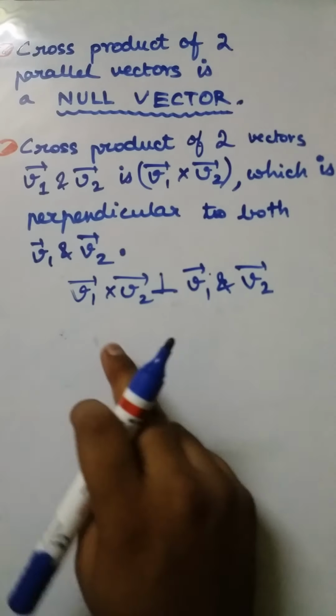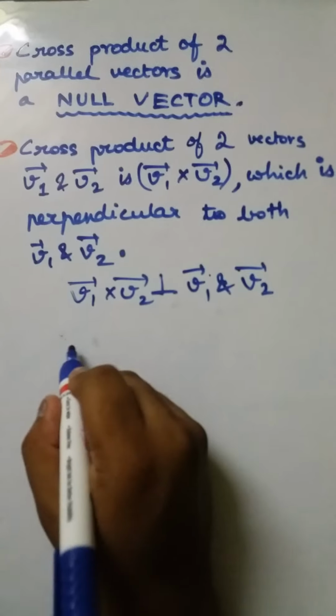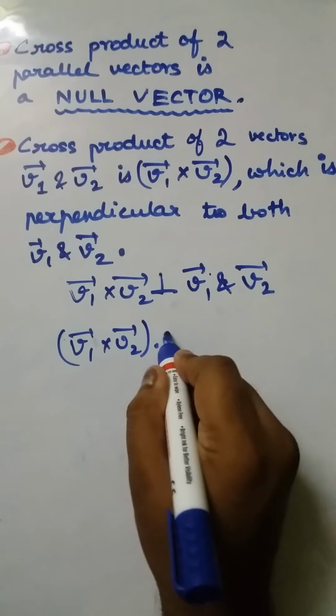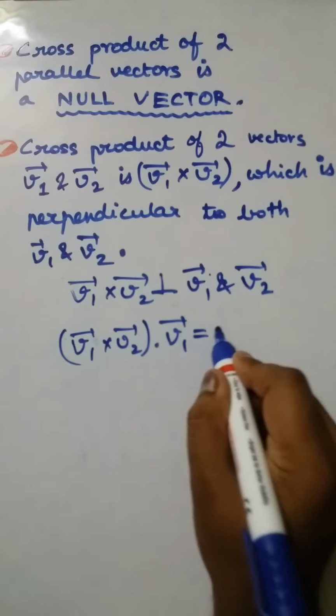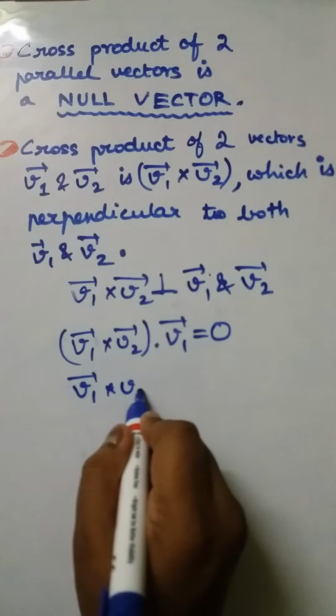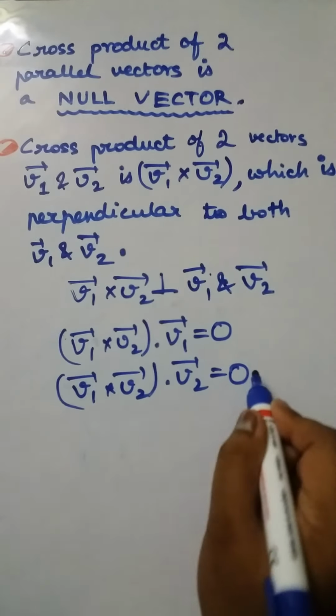Now since v1 cross v2 is perpendicular to both v1 and v2, we can write v1 cross v2 dot v1 equal to 0, as well as v1 cross v2 dot v2 equals 0.